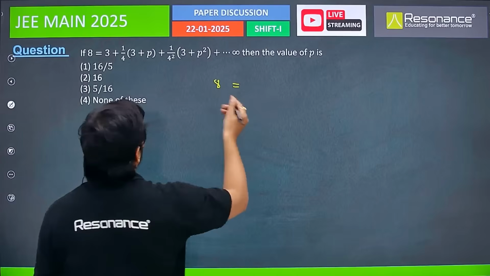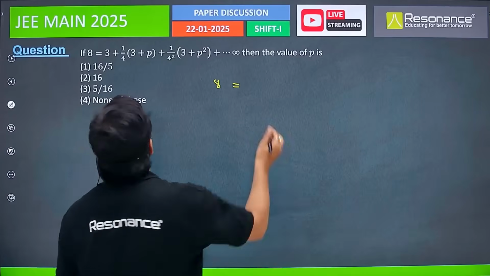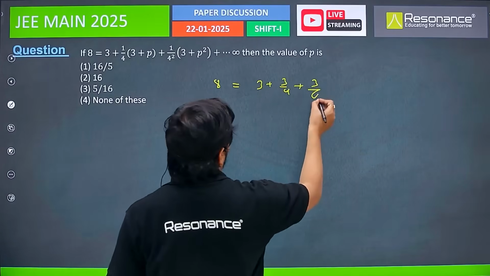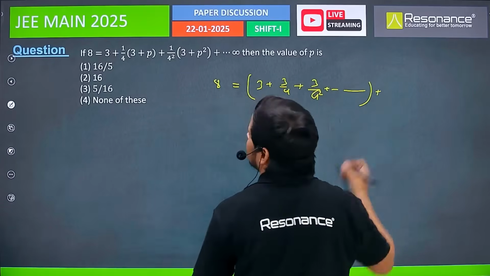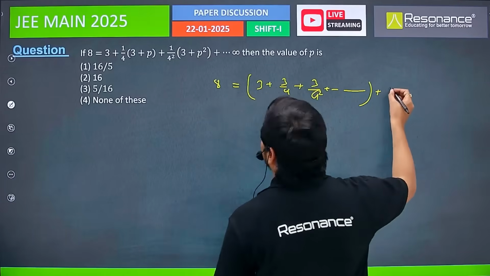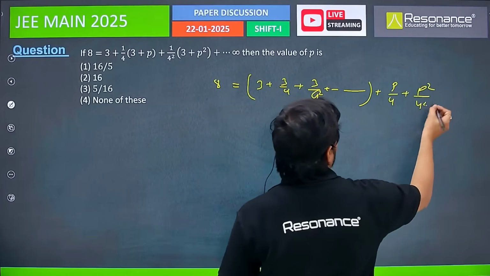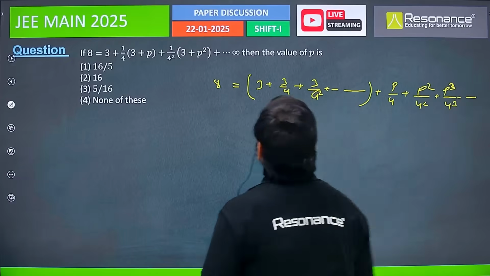The sum equals 8. Now what I am doing? I am just writing this as a sum of two GPs: 3 plus 3 by 4, I am just separating 3 by 4 square, and so on till infinity. Then the remaining is 1 by 4 into p, p by 4, p square by 4 square, next will be p cube by 4 cube, and so on till infinity.